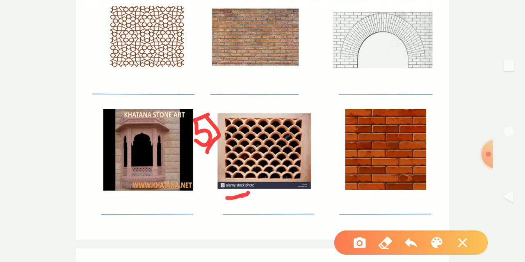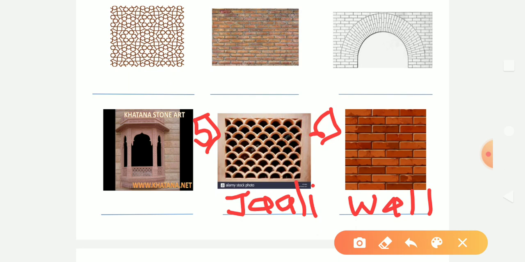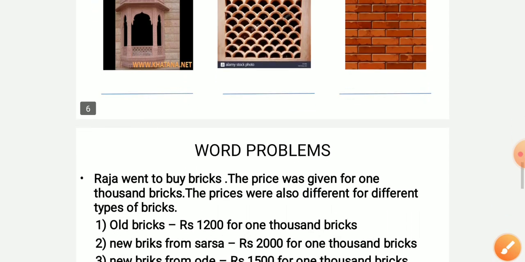Yes, it is also a jali pattern. My last one is sixth number. Yes, it is wall pattern. Okay, understood? So these are the different types of brick pattern.